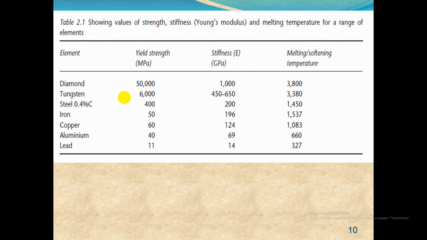Here you can see properties for diamond, a covalently bonded solid, and 6 metals, and from it we can see that ionic and metallic bonding can give rise to strong bonds.